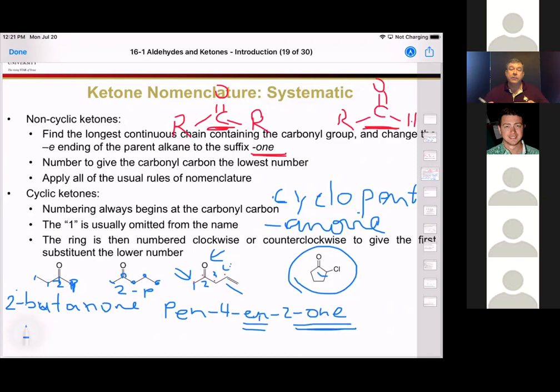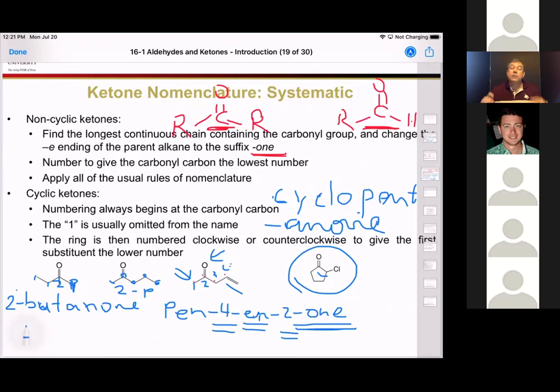Again, longest continuous chain containing the carbonyl group, drop the E at the end and add -one. Cyclics, we add the -one and the carbonyl is always 1. And if we have an alkene or alkyne, it must be in the name and you must label the first carbon of that alkene and where the carbonyl carbon is.